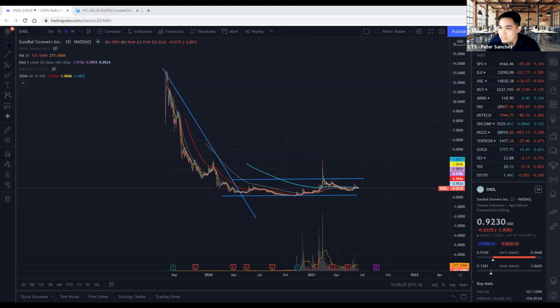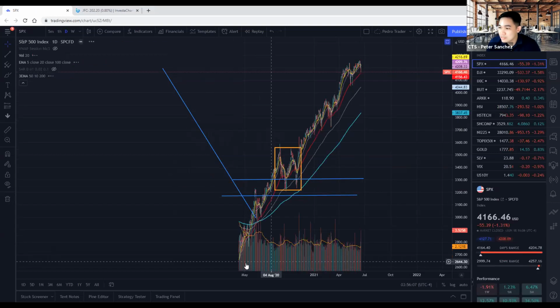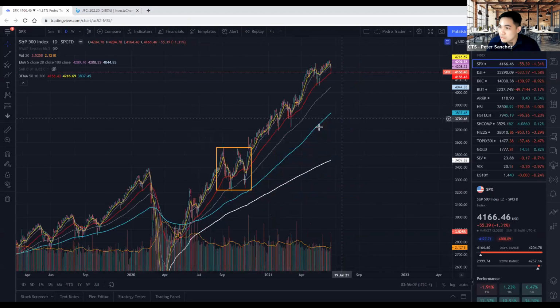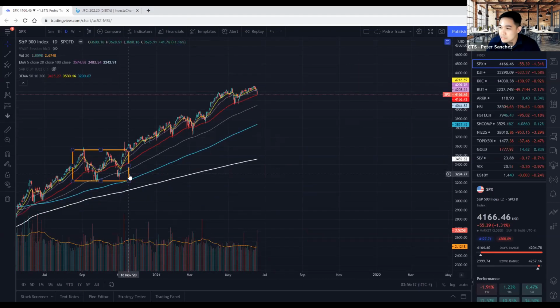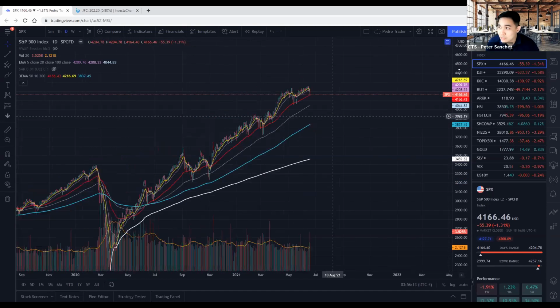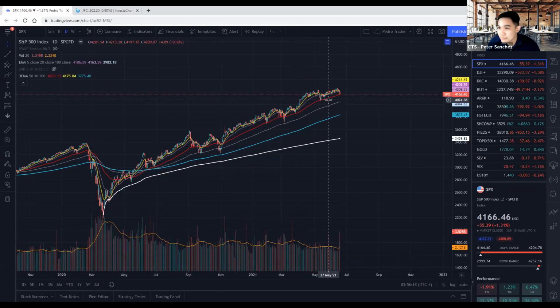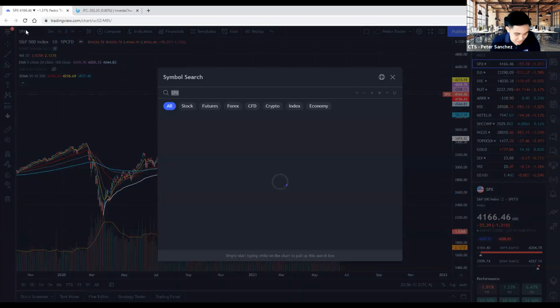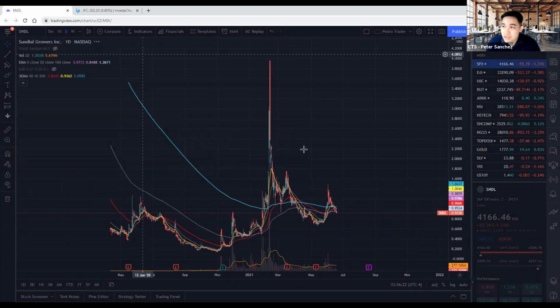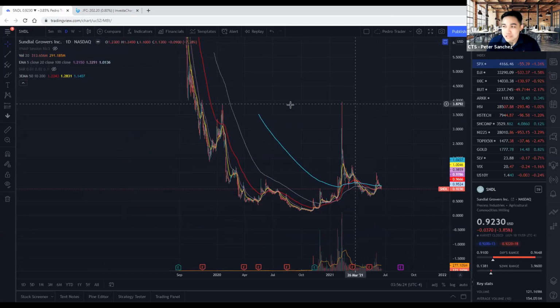Since the SPX, overall, nag-all-time highs na, and pull back ngayon. Pero kung makikita nyo ito SPX, this is the index of the overall market. Umaakyat yung SPX pero yung SNDL sa baba. So, it's weaker than the market.